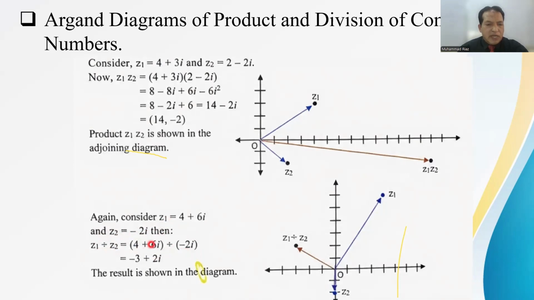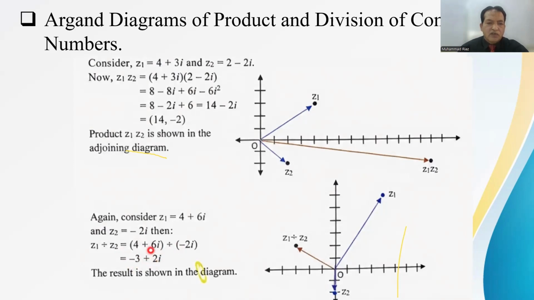In the division we will get 4 divided by minus 2 iota, and 6 iota divided by minus 2 iota. By the process of multiplying and dividing by the conjugate of a number, you will get the division result minus 3 plus 2 iota. The result of the division of z1 divided by z2 is minus 3 plus 2 iota.